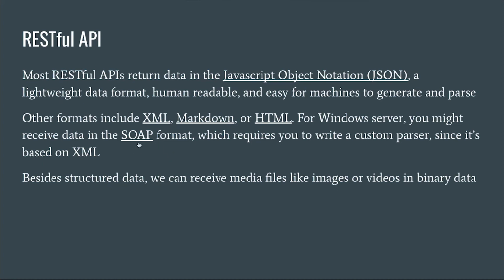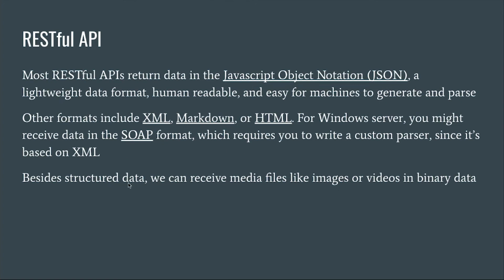So this is a Microsoft proprietary format, which is based on XML. So these are usually not so common nowadays because JSON is the more popular format. It is easier to read, and it is smaller in size compared to SOAP XML.